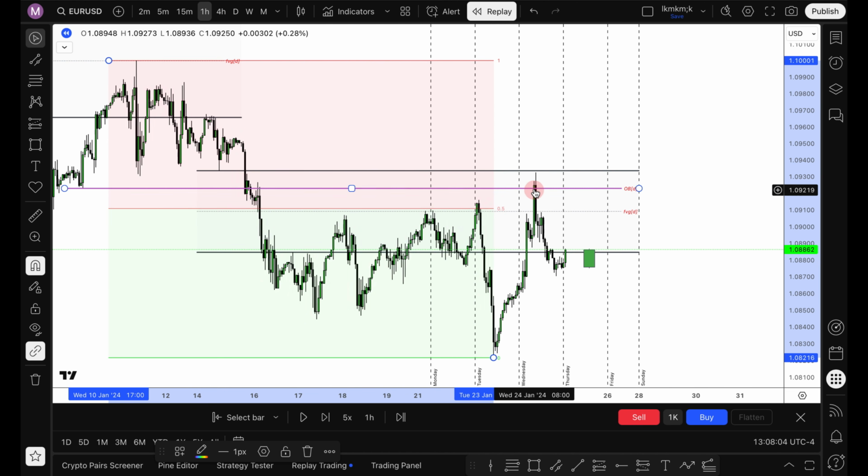So price moved higher, respected the daily order block, it displaced lower, and we've got a market structure shift. So we have this low that was printed out here. Price moved higher, it displaced through that low, signaling that price is now ready to move lower to the downside after respecting these PD arrays in the premium area of the range.